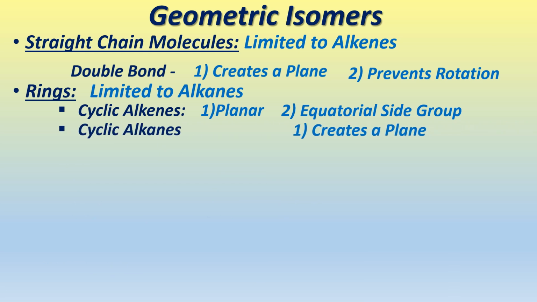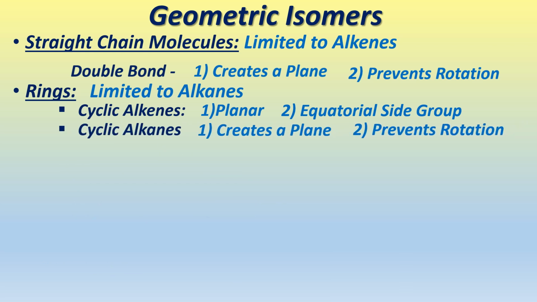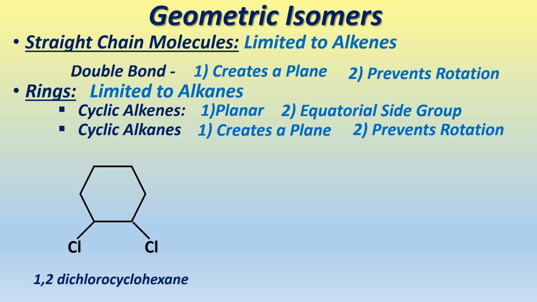On the other hand, a cyclic alkene, since the ring is closed, it actually does create a plane because closing the ring prevents rotation. If you look at another molecule, 1,2-dichlorohexane, you'll see there's 2 ways to draw this molecule.